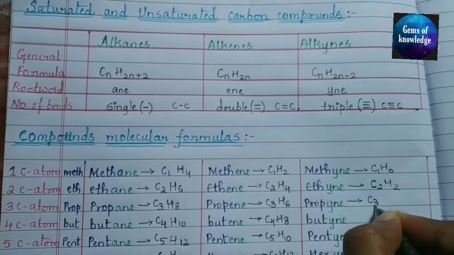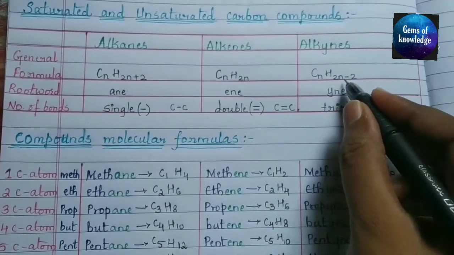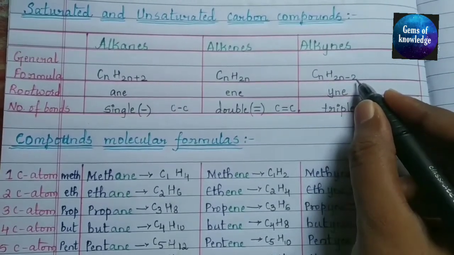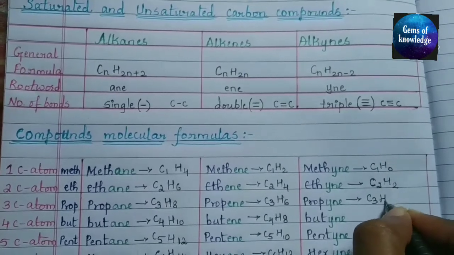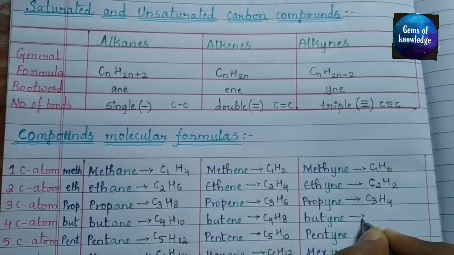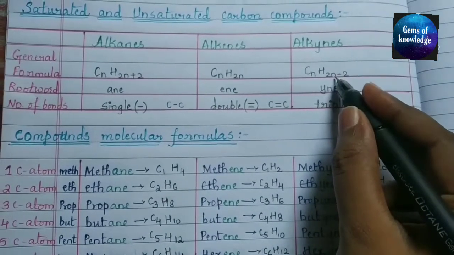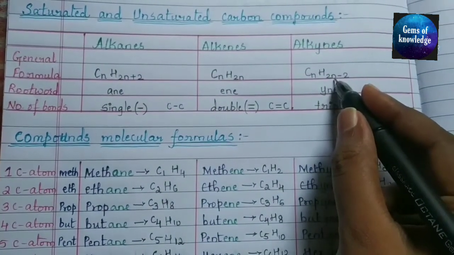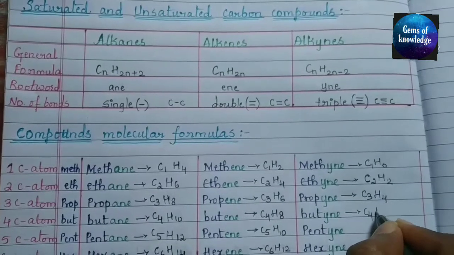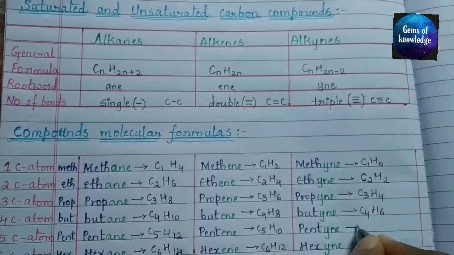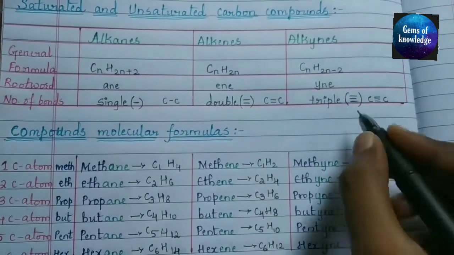Next, C3. Here we have to substitute 3. 2 3s are 6. 6 minus 2 is 4. Next, C4. In place of n here we have to substitute 4. 2 4s are 8. 8 minus 2 is 6. Next, C5.